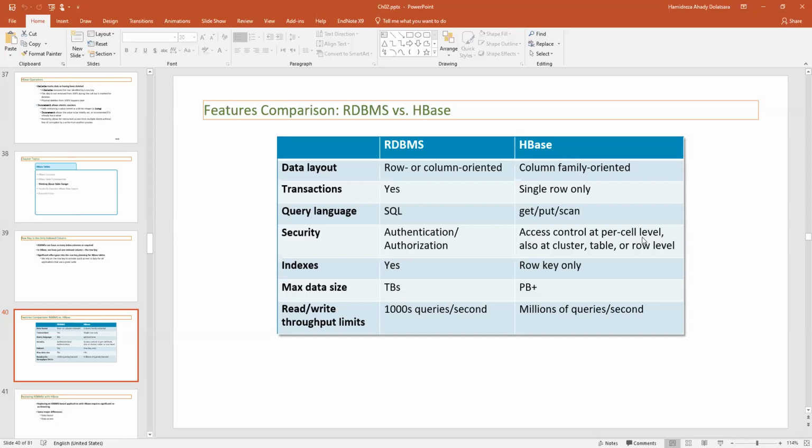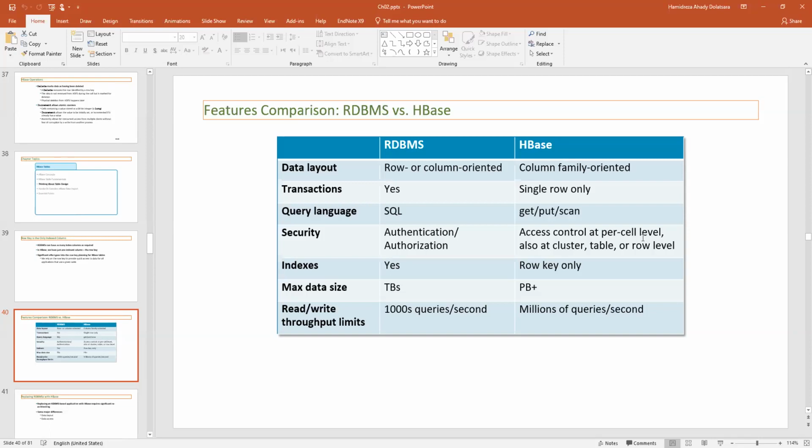Transactions are supported in RDBMS, but in HBase we just have a single row at a time. Queries in RDBMS are very advanced. You already know that we have very advanced commands in SQL-based databases, but in HBase there are just 3 commands.